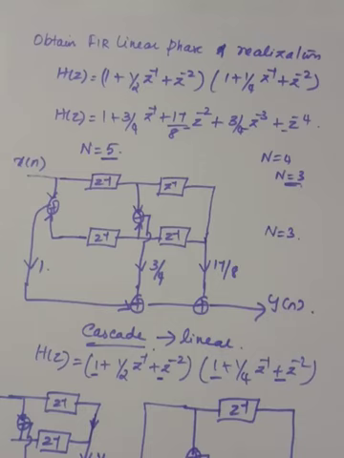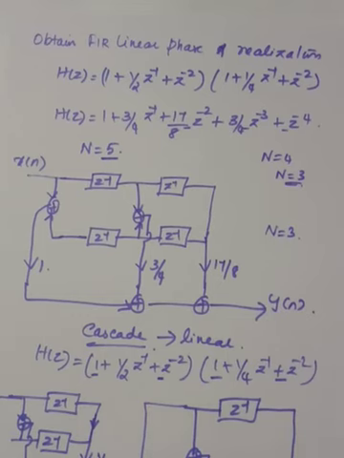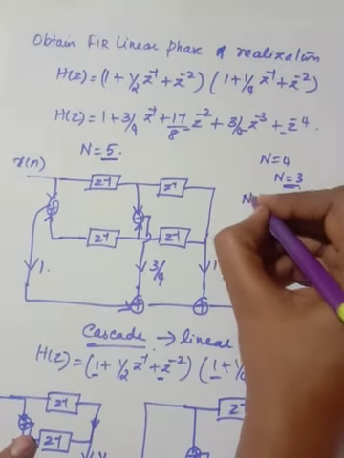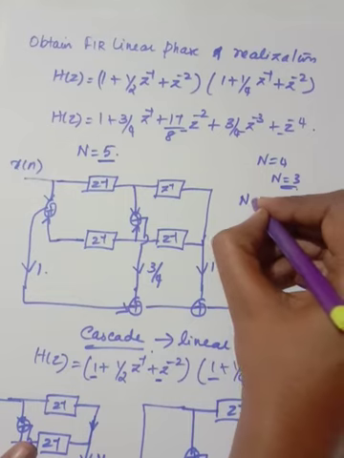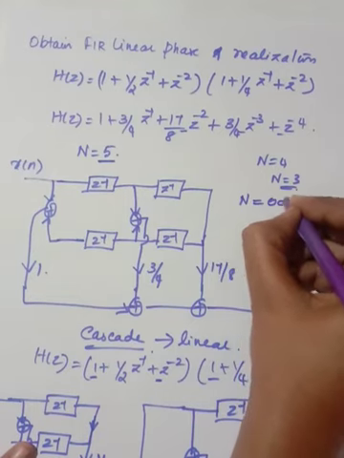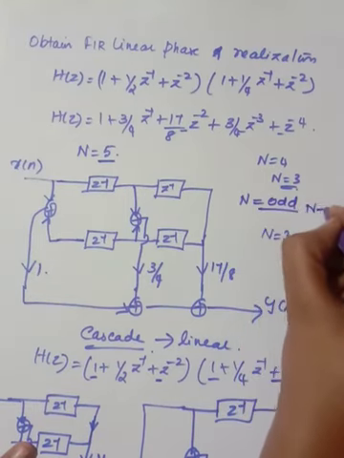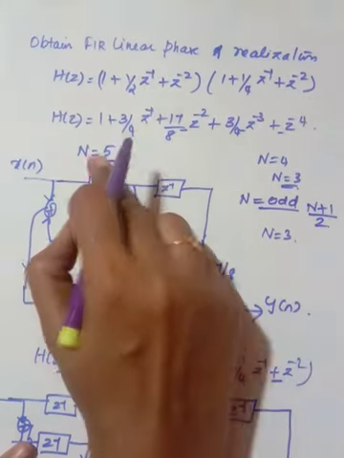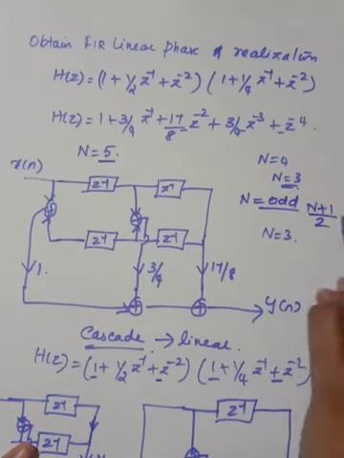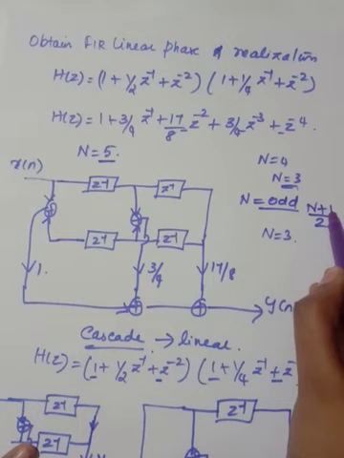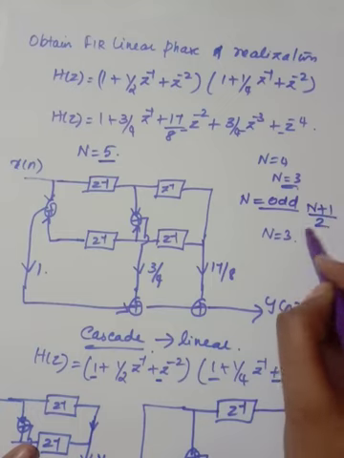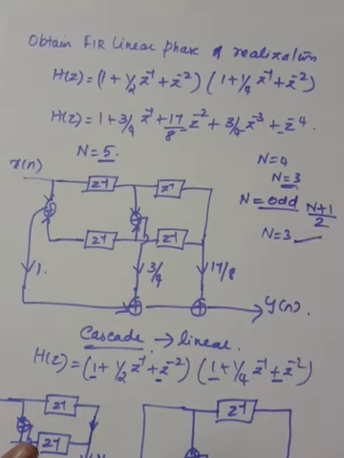So this is the advantage of the linear phase realization structure. Here we can find out the number of multipliers when n is odd. When n is odd, it requires n plus 1 by 2 multipliers. Here n is 5, so 5 plus 1 is 6, 6 by 2 is 3, so you get 3 multipliers.